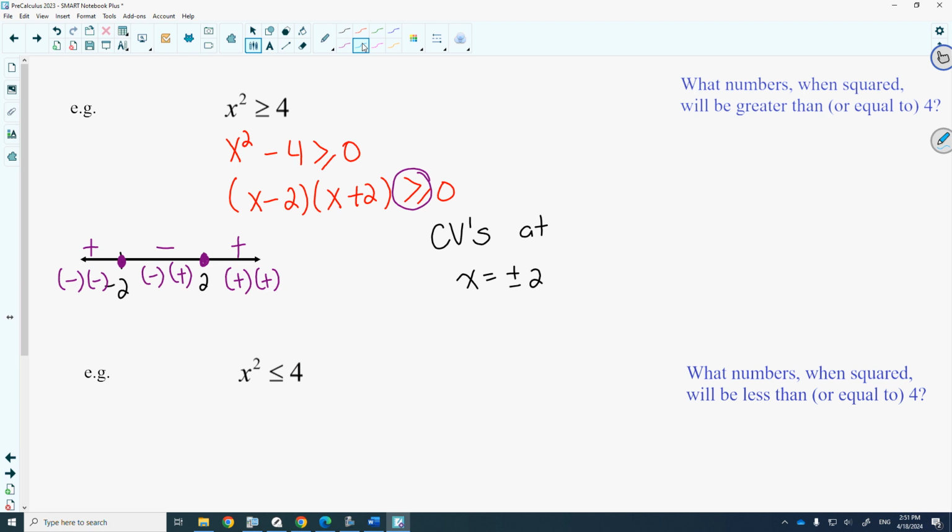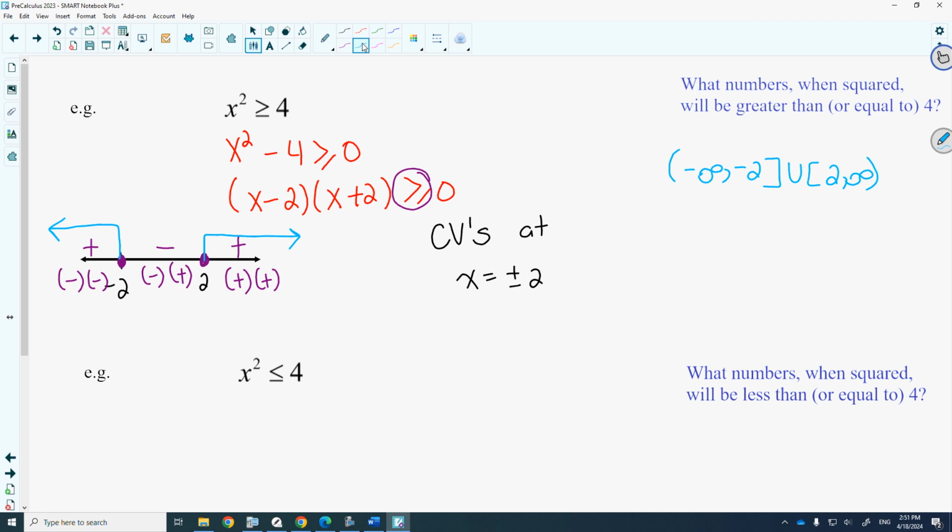So greater than or equal to 0 would be this and this. Write that in interval notation. So that would be negative infinity to negative 2 union 2 to infinity. Okay?